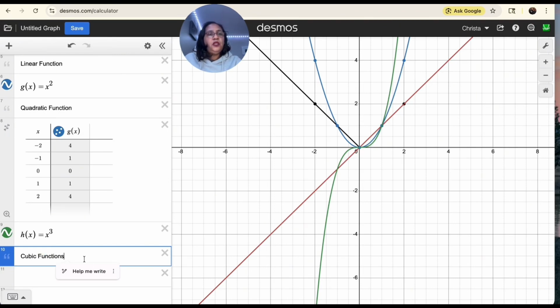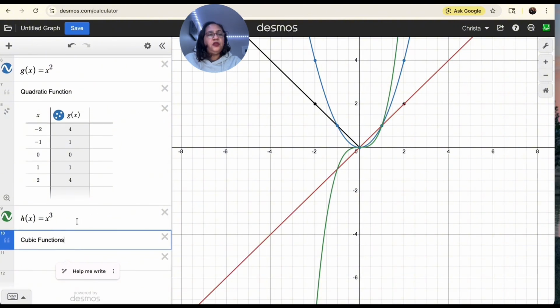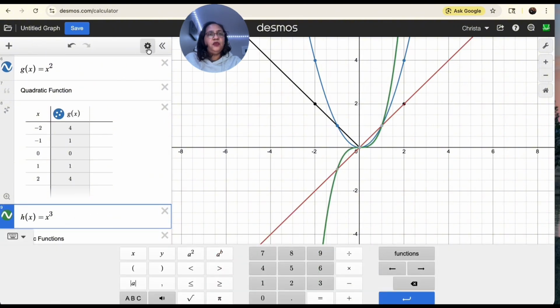So when you are looking at this, right, what do you expect the table to look like if we have an input of -2 and we're talking about x to the second power? That means we're multiplying -2 times -2. So that's how we get 4. When we also multiply 2 times 2, that's how we get 4, okay?